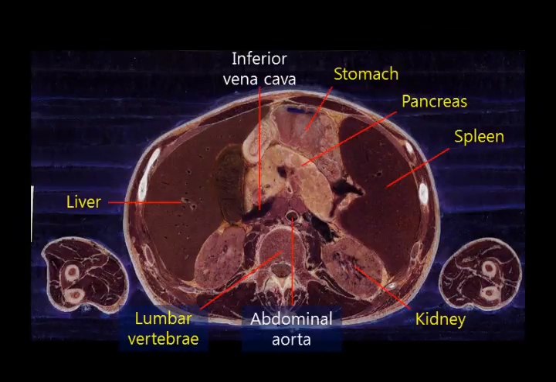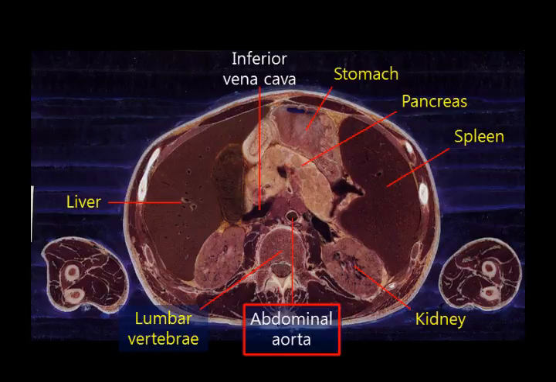The thoracic aorta has changed into the abdominal aorta. In the human body, there are 4 parts of the aorta, including the ascending aorta, aortic arch, thoracic aorta, and abdominal aorta.